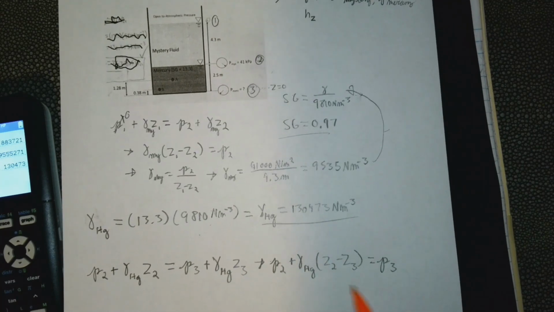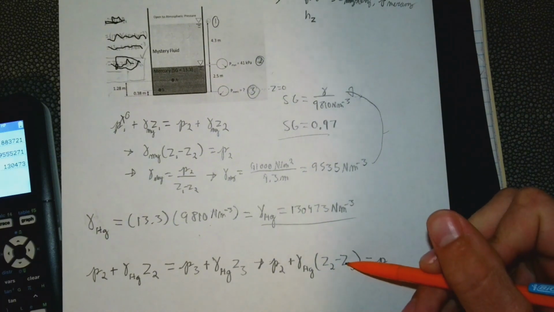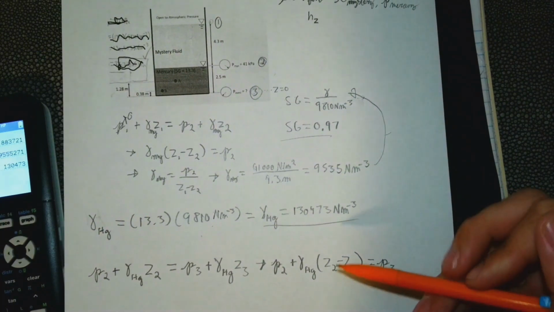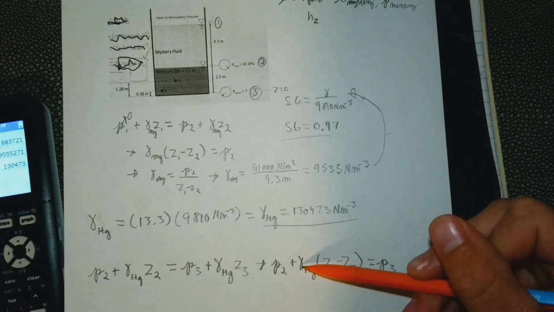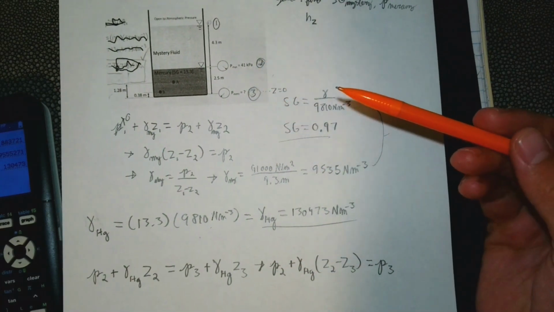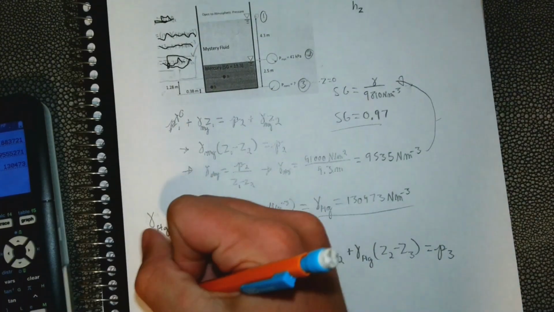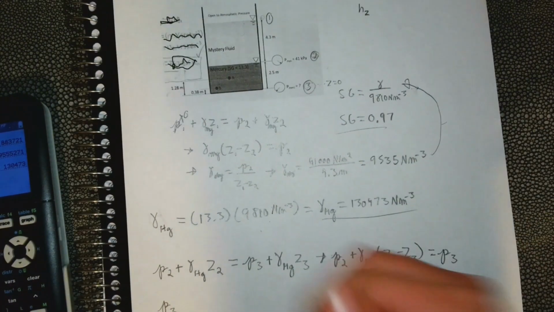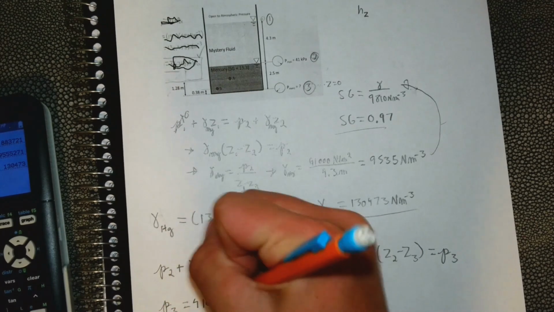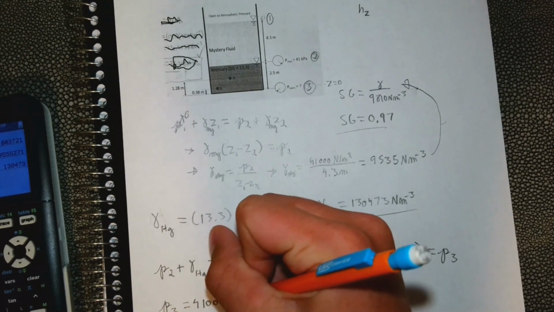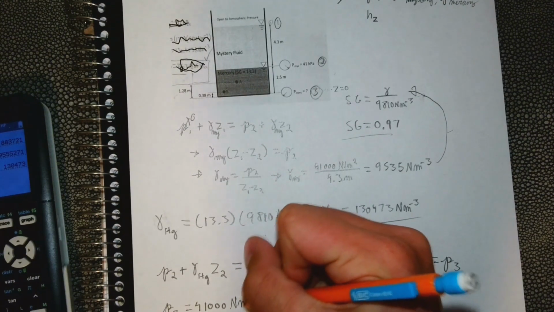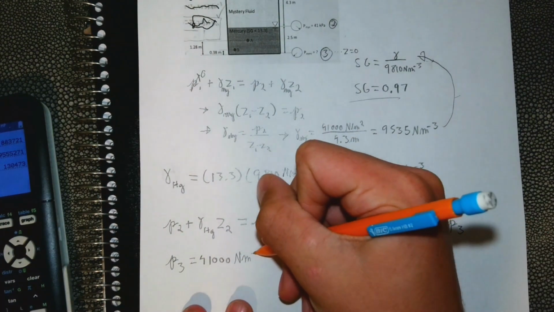So we know the difference in this is 2.5, difference of points between 2 and 3. We know we just solved for this, the specific weight of mercury, and we're given the pressure at point 2. So let's go ahead and plug this in. I'm going to go ahead and convert this to pascals, and then we know that's equal to newton per meter squared.